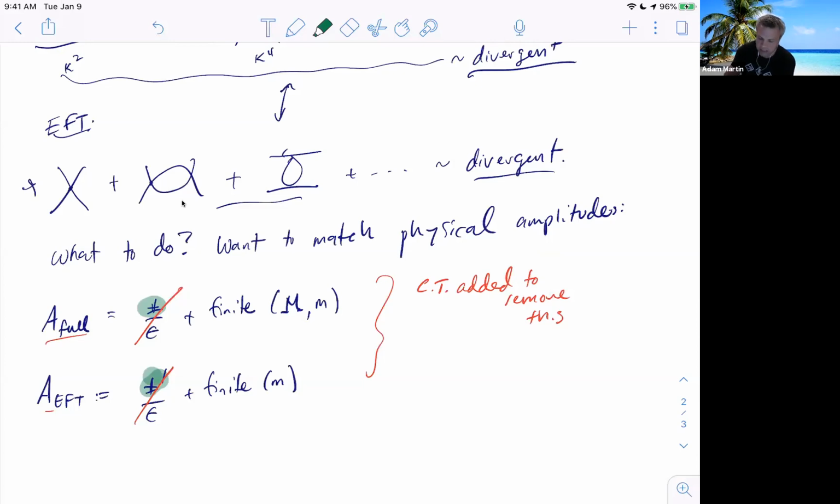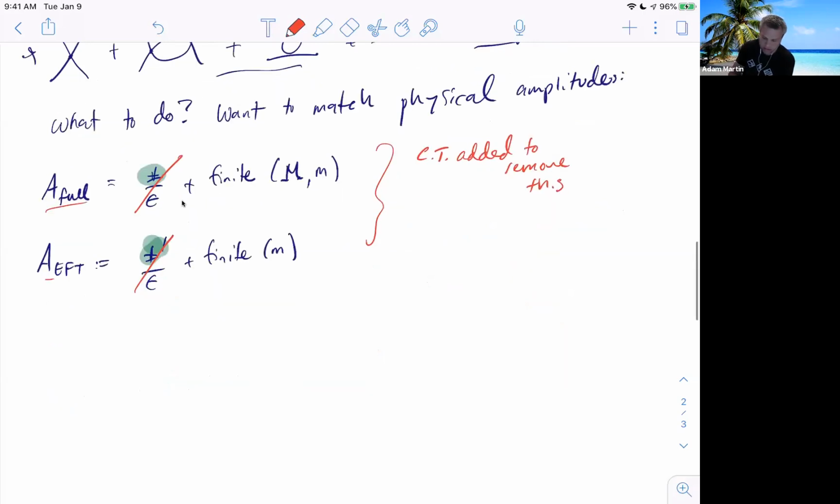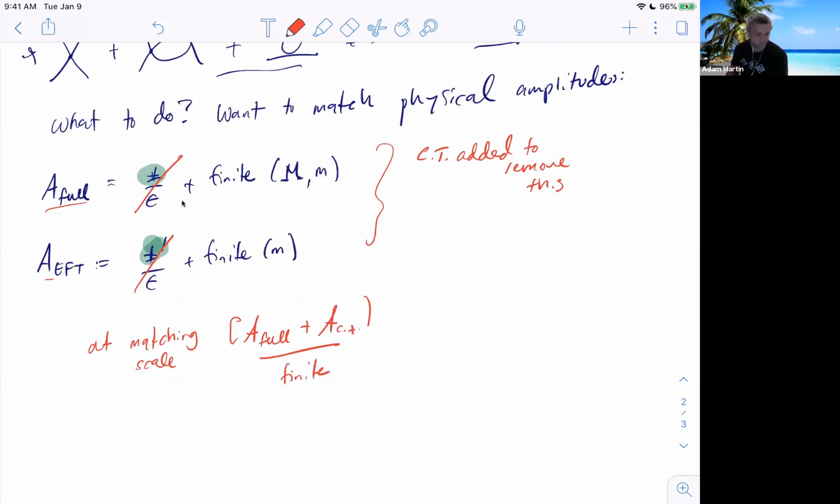So what we actually want to do when we're matching at a loop level like this is compare, at our matching scale, the amplitude that we've calculated in the full theory plus the piece from the counterterms, such that this thing is all finite. Sorry, let's be a little bit more exact here.